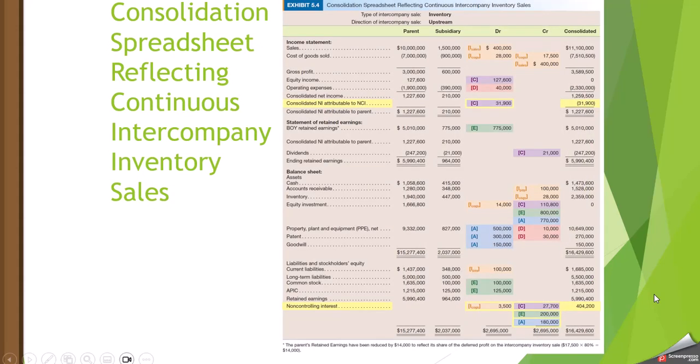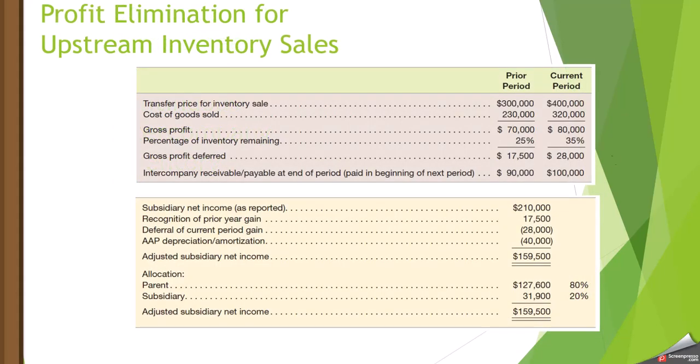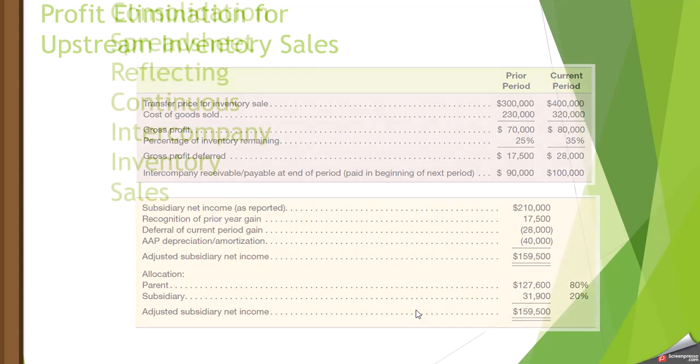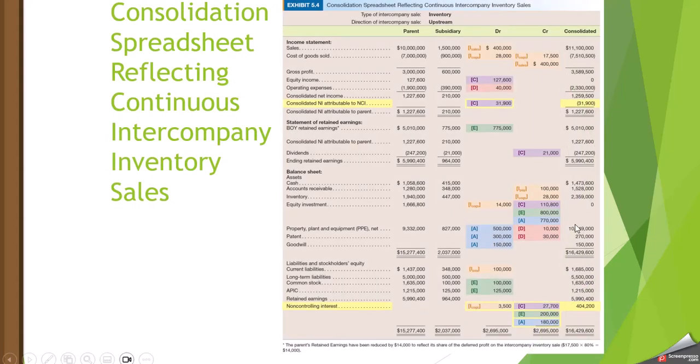Okay, then here's our consolidated worksheet. Again, we still have the consolidated net income attributable to the NCI, the 31,900, which is that number there. Like I said, that really should say NCI. Then the rest of the entries are the same. Now look at our I entries.